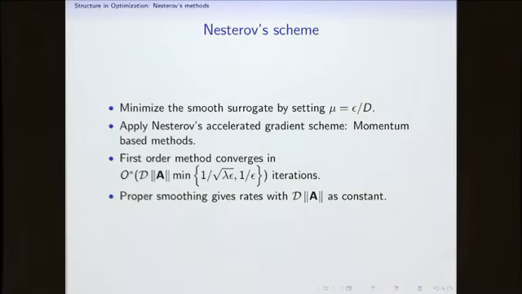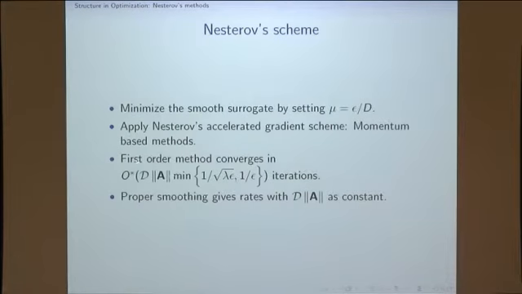So you will actually end up incurring more dependence on the number of data points than what we get. So basically, in our case, script d times norm of A is actually a constant. So our number of iterations is completely independent of the number of data points. Whatever dependence on the number of data points we get is basically due to gradient calculation at every iteration. And so it turns out that the smoothing needs to be done in a pretty non-intuitive way, and you cannot just say that we can throw any particular smoothing at it.